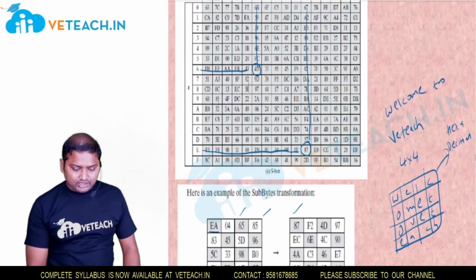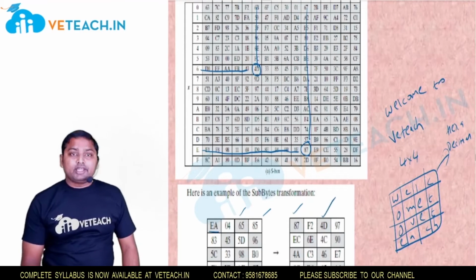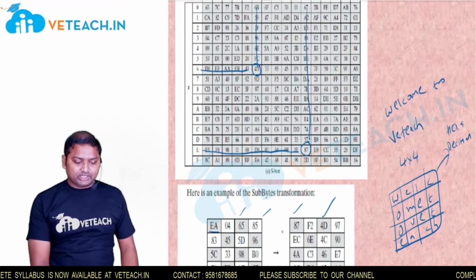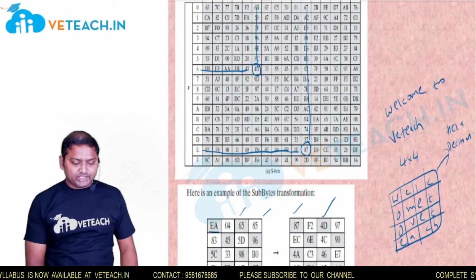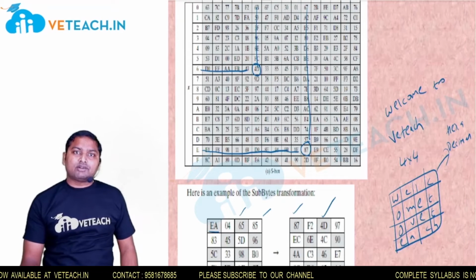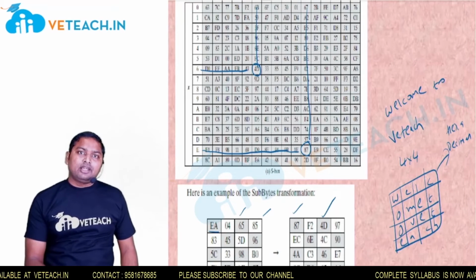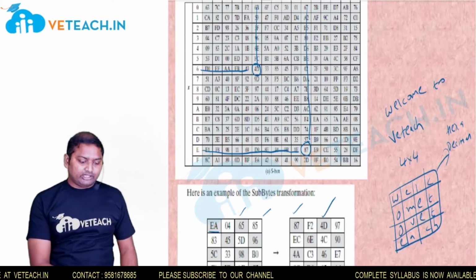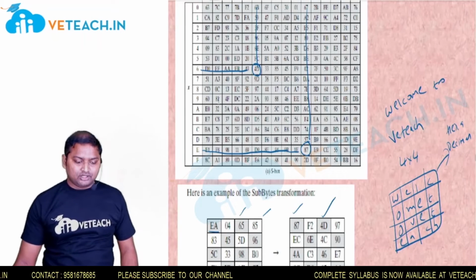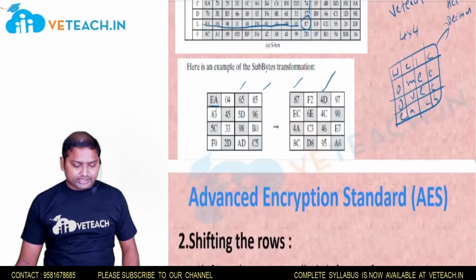In this way, I will get the 4 by 4 matrix of the transformation. Initially I am taking plain text and converting into hexadecimal. After conversion to hexadecimal, again I am arranging it into a 4 by 4 matrix. After that I am performing the transformation. So the first step is completed.